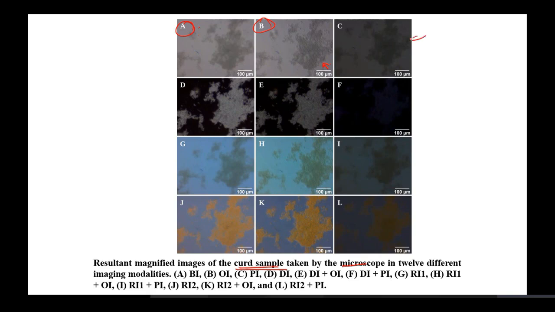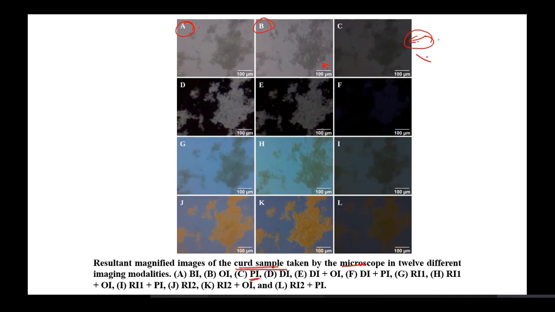And the last one is C1, the polarizing microscope. In the polarizing microscope, as I told you, during cross polarized light, everything will be dark, so we are getting almost nothing.